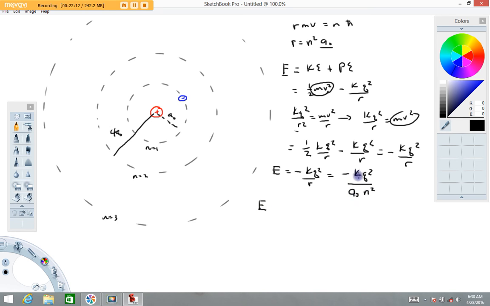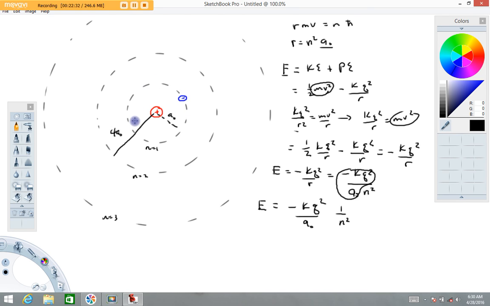Notice that this is all a constant, and the n can be factored out. So this is minus kq squared over a sub o times 1 over n squared.